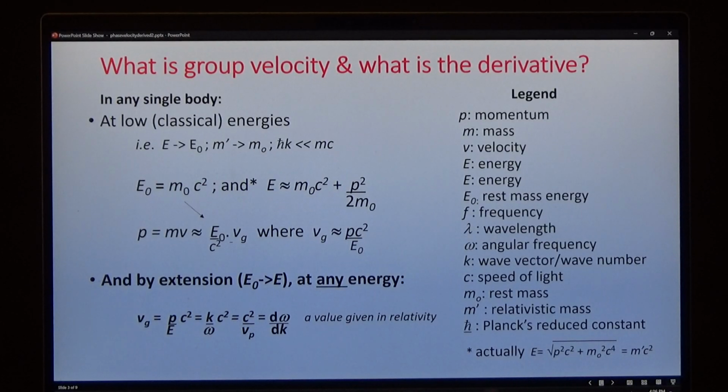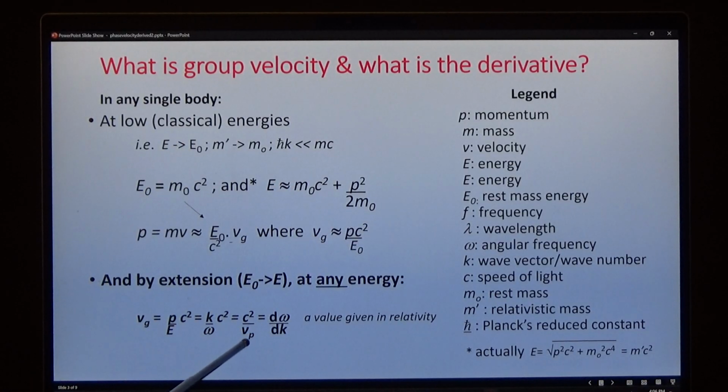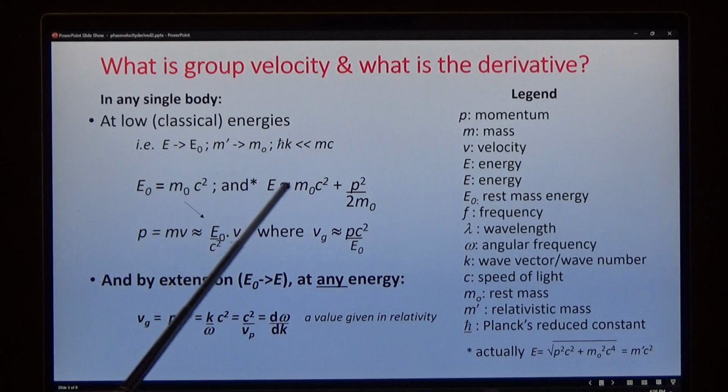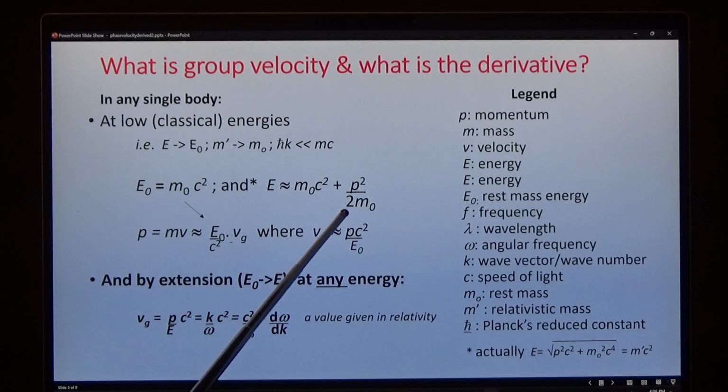Now, how do we go on? We'll study classical energies first and then move on to relativistic energies. Well, rest energy is equal to rest mass times c squared. And the energy is the rest mass plus the kinetic energy, half mv squared.